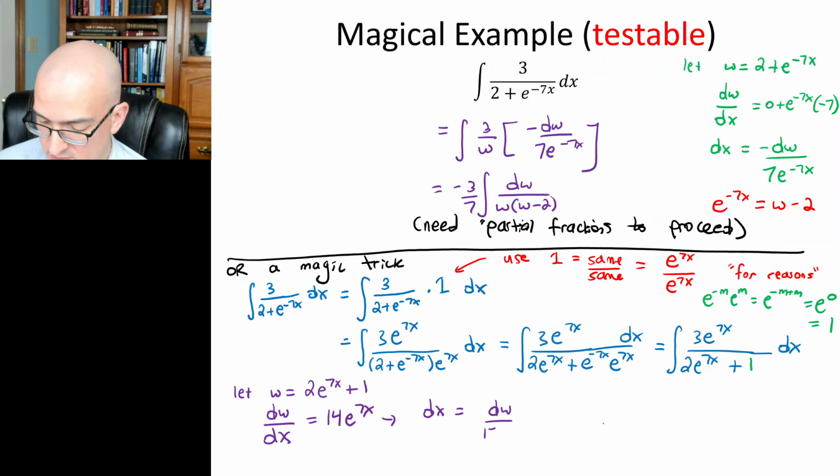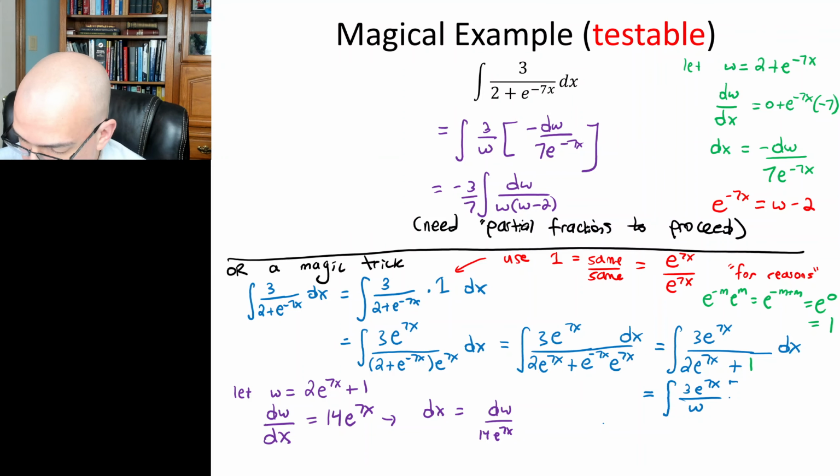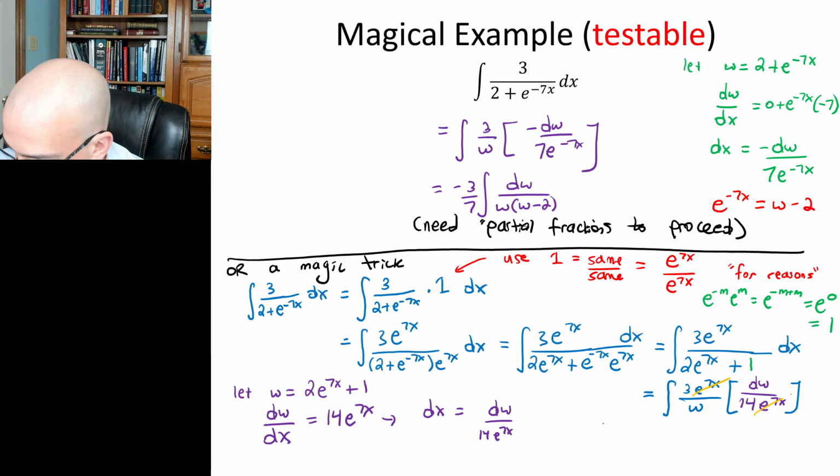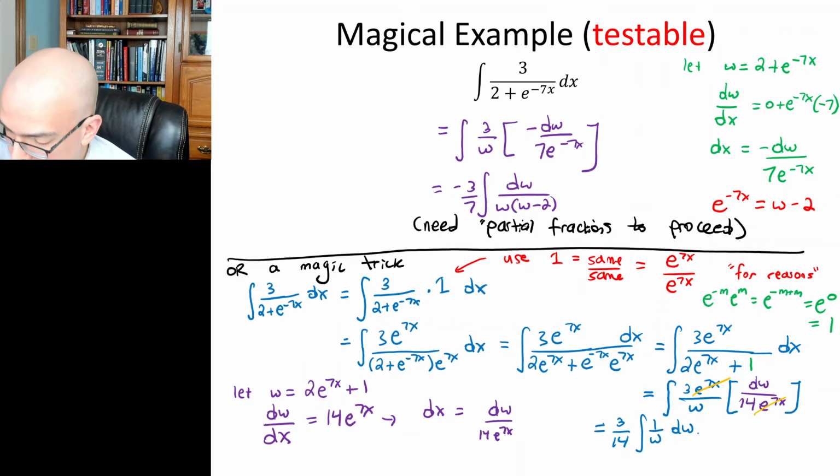We get the integral of 3 e to the 7x over w times dw over 14 e to the 7x. The e to the 7x top and bottom cancels. I can take the 3 over 14 out front: 3 over 14 antiderivative of 1 over w, which is ln absolute value of w plus c.